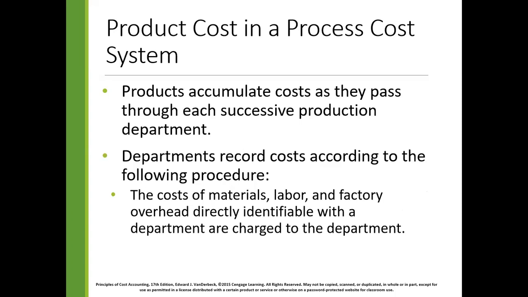Products accumulate costs as they pass through each successive production department. Departments record costs according to the following procedure. The cost of materials, labor, and factory overhead directly identifiable with a department are charged to the department.